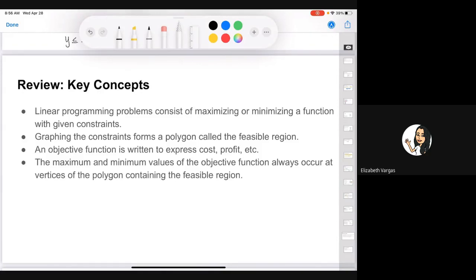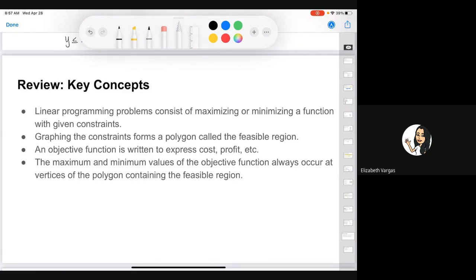We learned that linear programming problems consist of maximizing or minimizing a function within given constraints. Graphing the constraints forms a polygon called the feasible region. An objective function is written to represent cost, profit, etc. So what are we looking for at the end? What is the problem we're trying to solve?